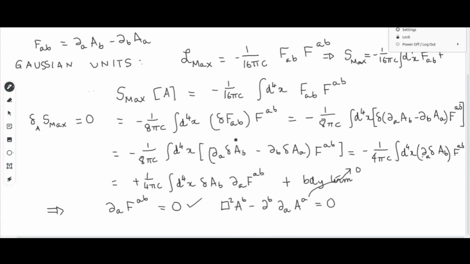Right. So now let us discuss how we can introduce a source. You see, we have actually already done that. Remember when we introduced a source term in the case of the scalar field, this was a functional of phi and j.